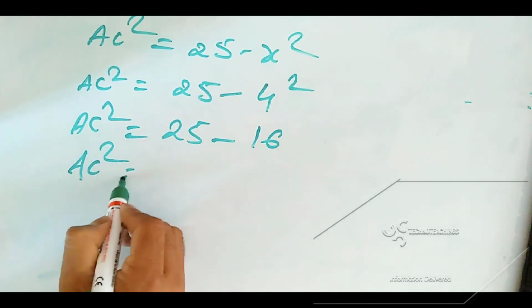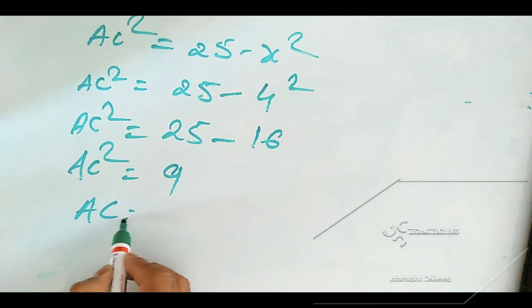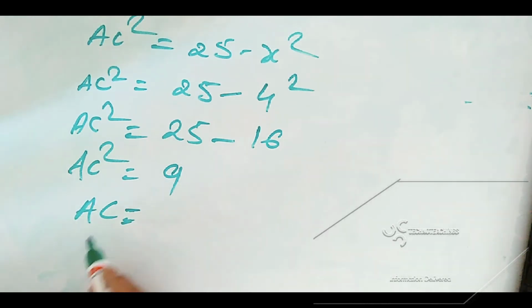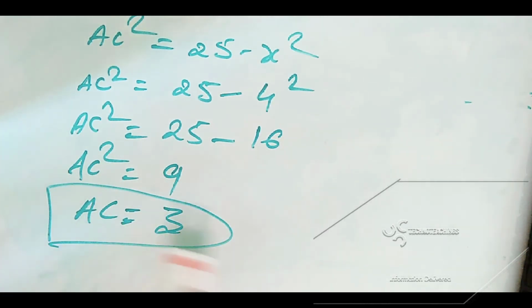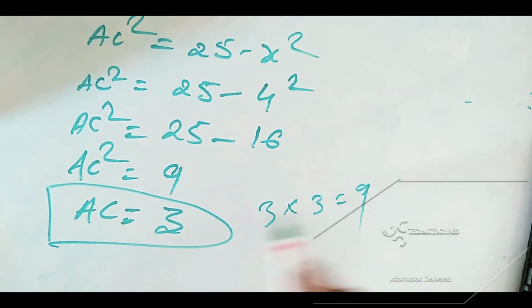AC square equals 9, right? So AC equals the root of 9. When AC square is 9, AC is 3, because 3 into 3 is 9. So the value of AC is 3.